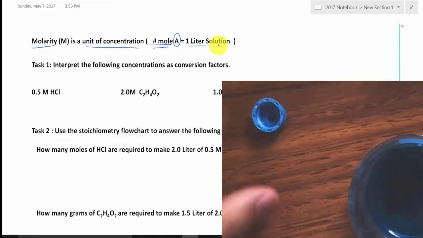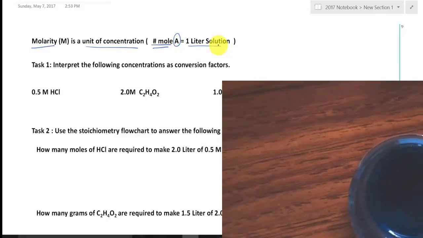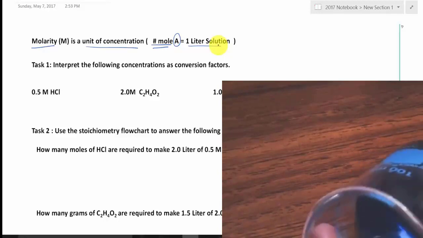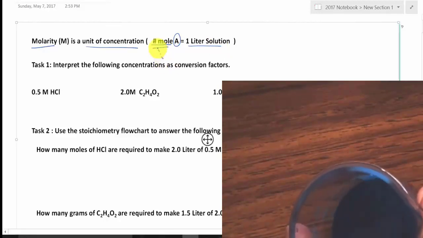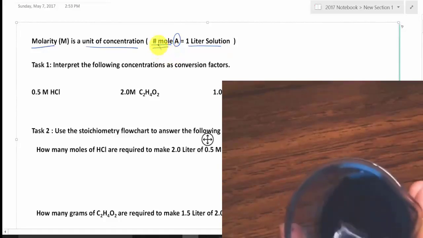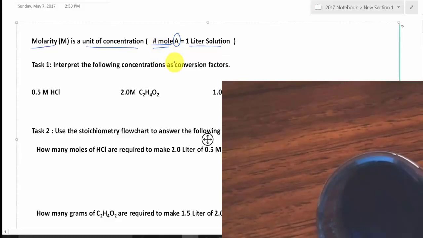So now I have more number of moles. Look what happened to the color. It got darker and darker. That means it is more concentrated because it has more moles of it in there. Even though the volume stayed the same, you have more of the substance. So therefore it becomes more concentrated. So what does it mean? That means the higher the molarity, the greater the concentration.